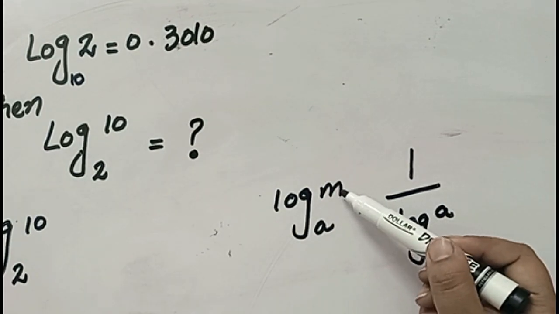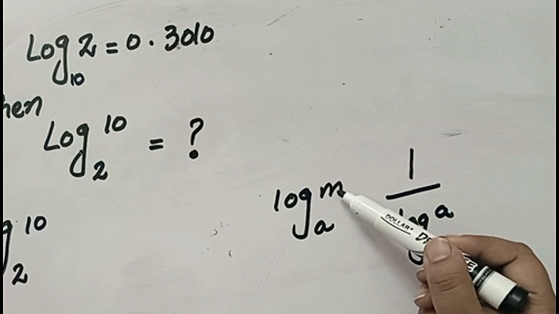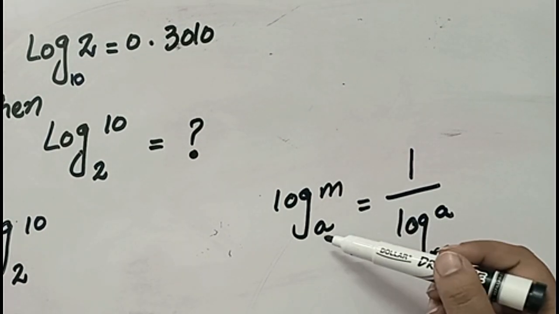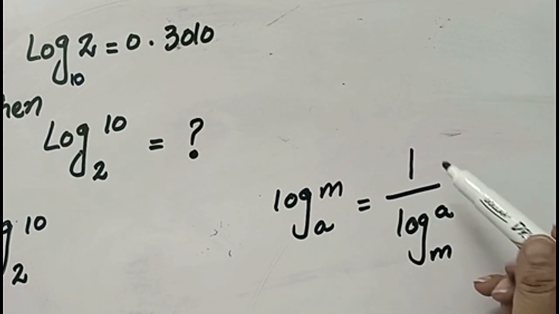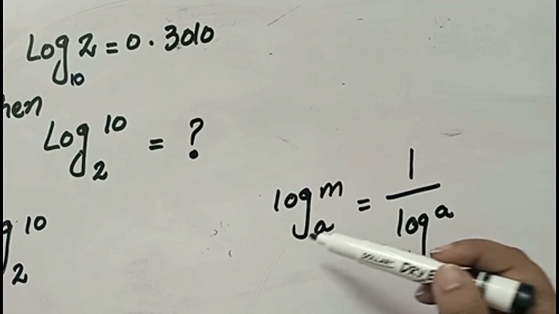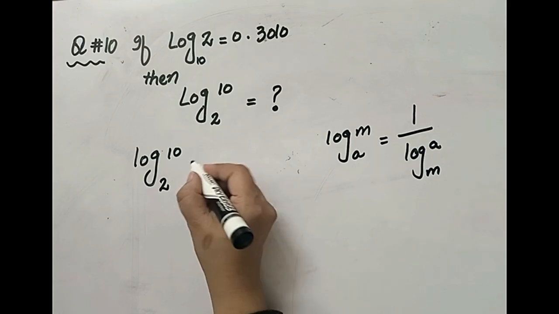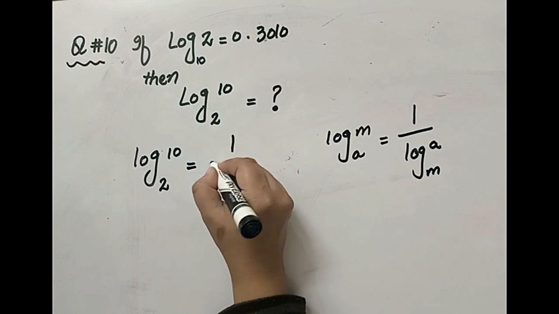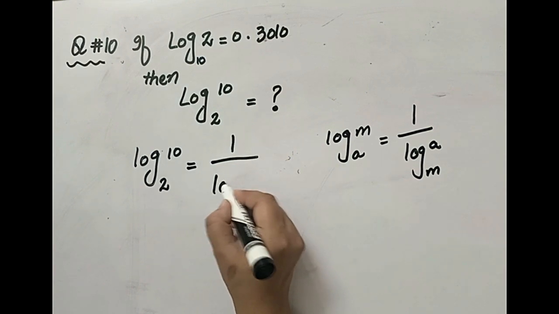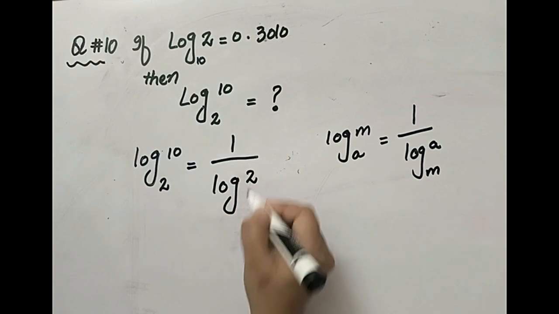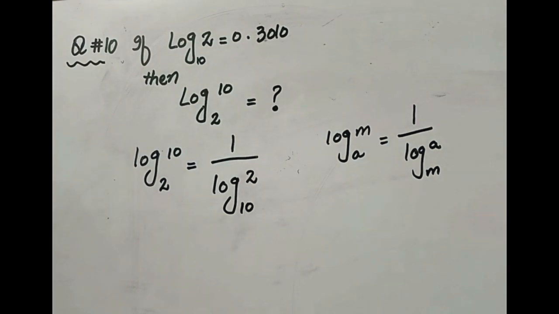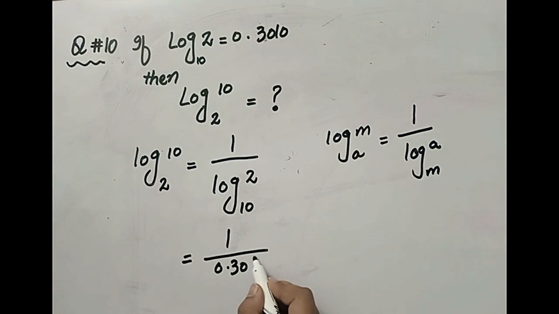It means that when we change the number as a base and the base as a number, then it is the reciprocal of the original one. So it can be written as 1 upon log 2 to the base 10, and that is the given thing, it is equal to 0.3010.